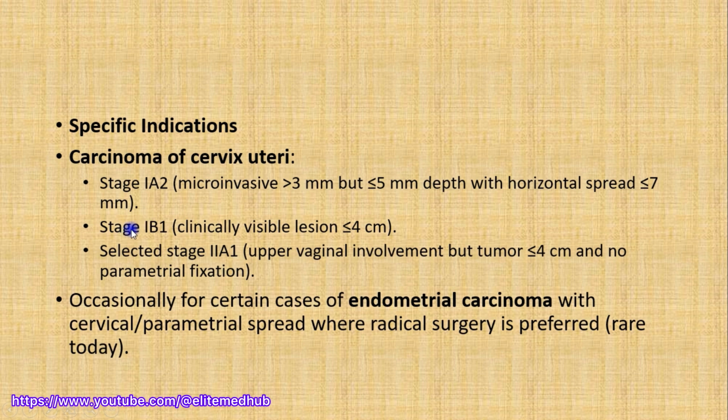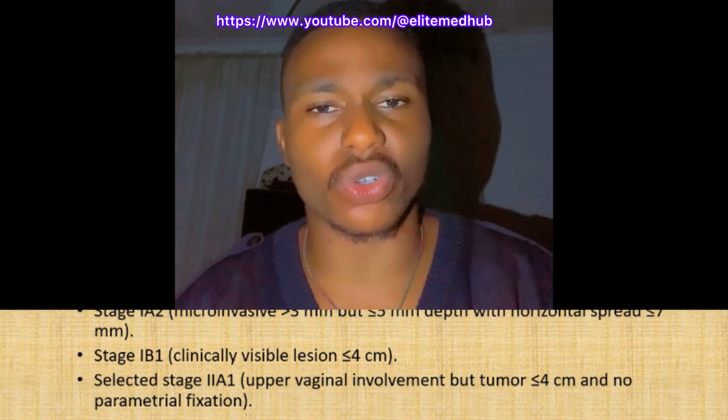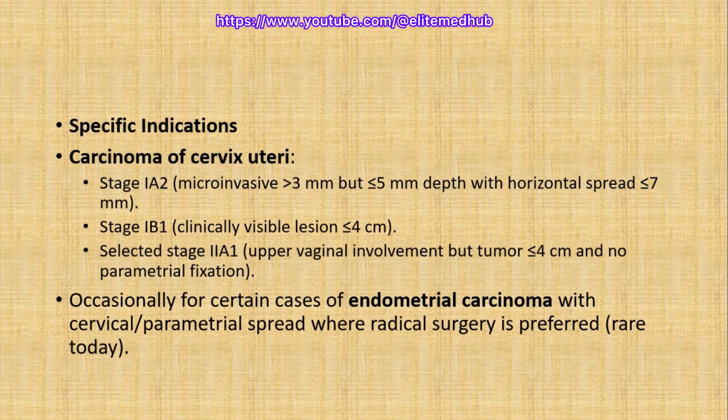And also in stage 1B1, which is clinical visible lesion less than or equal to 4 cm. So in stage 1B1, you have a macroscopic lesion that is visible, but tumor is less than or equal to 4 cm in size. So selected stage 2A1 involving upper vagina, but tumor is less than or equal to 4 cm and no parametrial fixation.